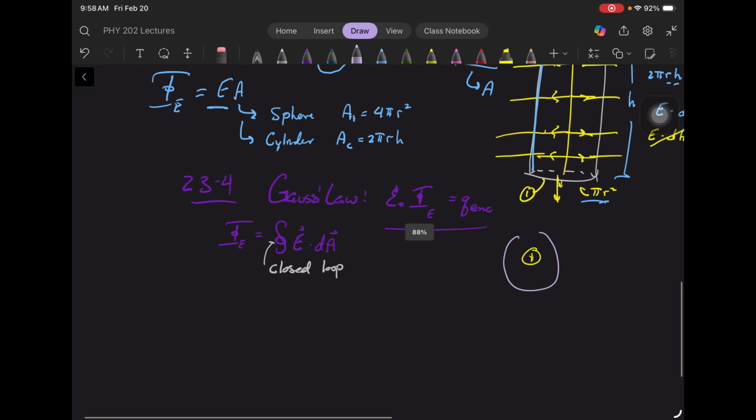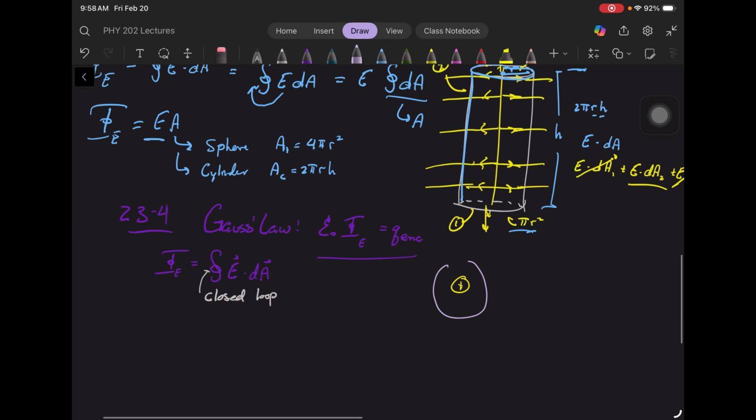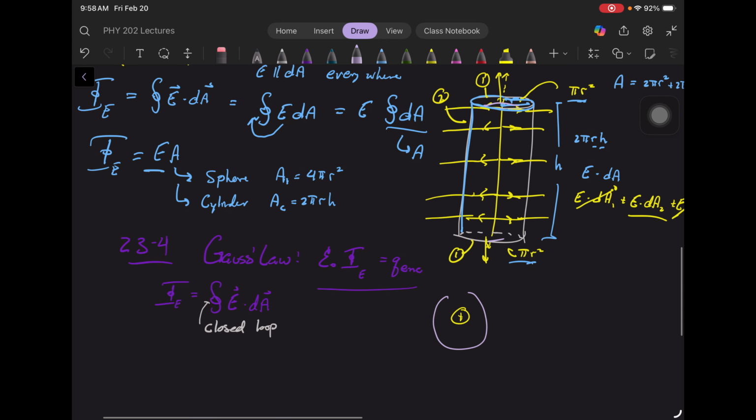Even though we lose the tops and bottoms of our cylinder when we do this, we still have a closed area we're integrating over. And the whole idea there is there's no way any of the E field is sneaking out unaccounted for. You have to fully encompass it just to make sure you get everything it's doing.